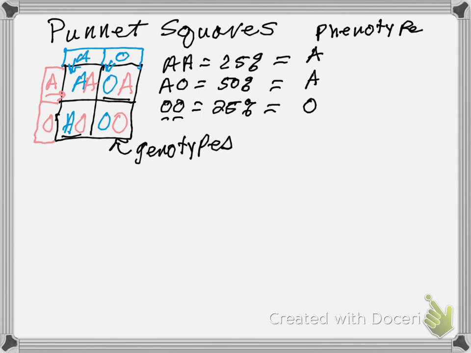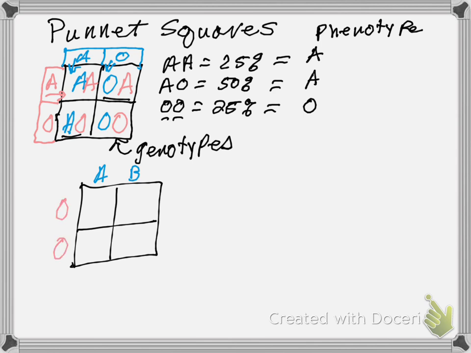So let's try one more here. Let's try an AB. So we'll draw another Punnett square. And this time, Dad is going to be AB. And Mom here, we will have her be OO. So you start with moving either across or down.